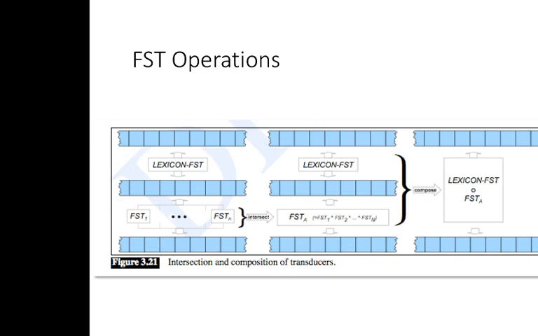So let's say you have a lexicon FST handling our morphotactics. We have a bunch of different FSTs for each of the orthographic rules. We can take the intersection of those rules and get an FST that does all of that. So now we've got the lexicon FST and this orthographic FST. Then we can compose these, and we get just one big FST.